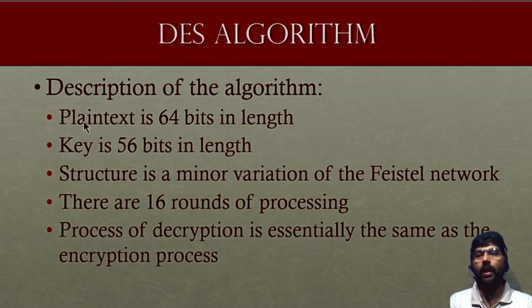This algorithm takes a plain text of 64 bits in length, that is, the block size is 64. If the plain text is longer, it is processed in 64-bit blocks. That means if the plain text is larger than 64 bits, it is divided into a number of blocks and each block is processed independently.